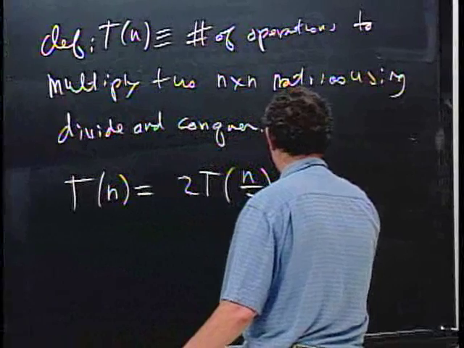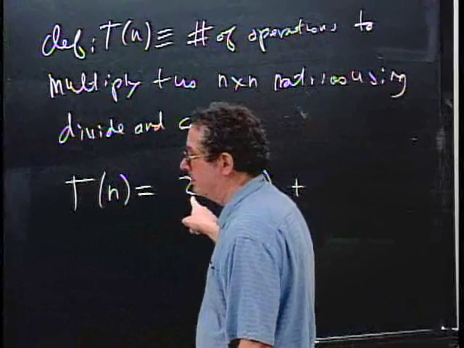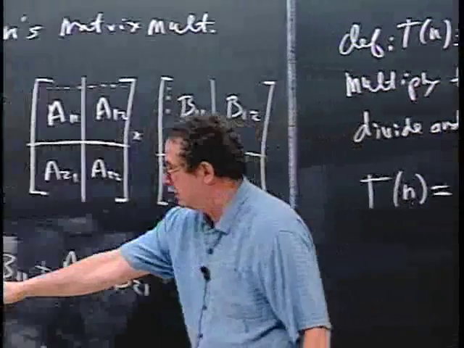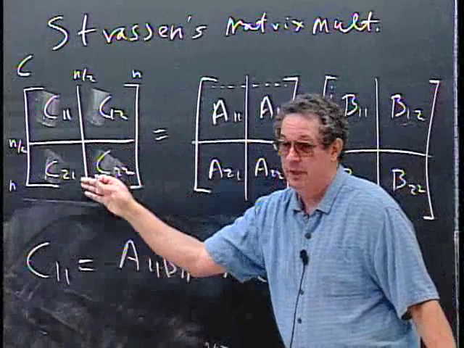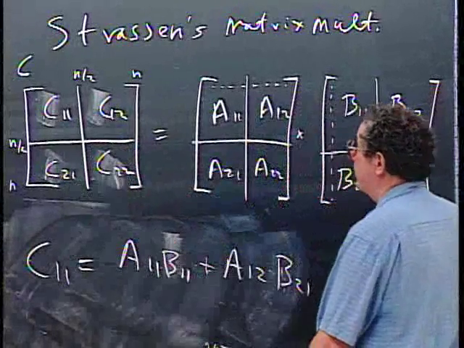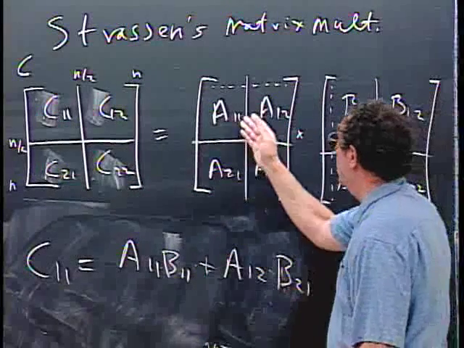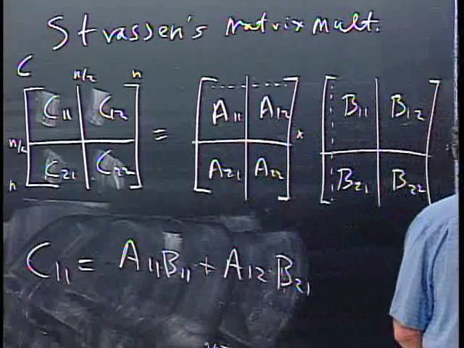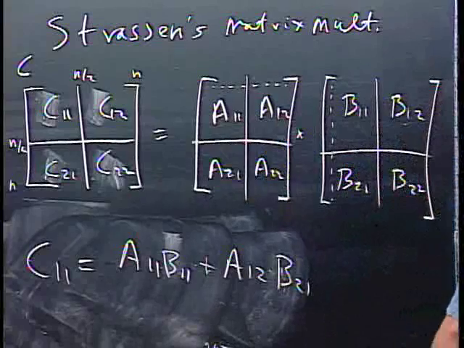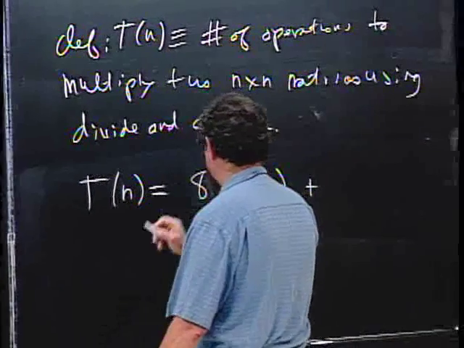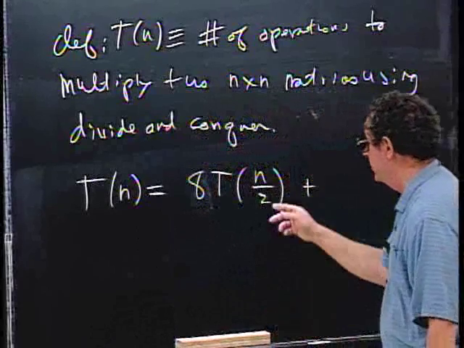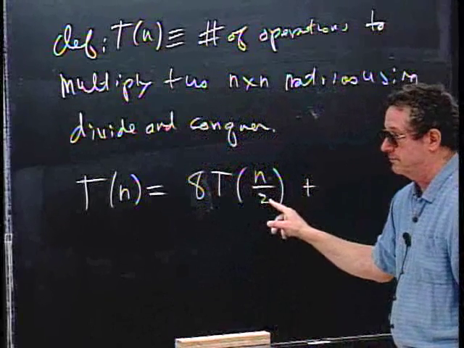Well, we'll get to the addition in a minute. But this 2 is for a particular submatrix C11. And we have 4 submatrices here. So when we want to multiply two n by n matrices, the divide and conquer, the division really implies that we're going to do 8 multiplications of submatrices of n over 2 by n over 2.